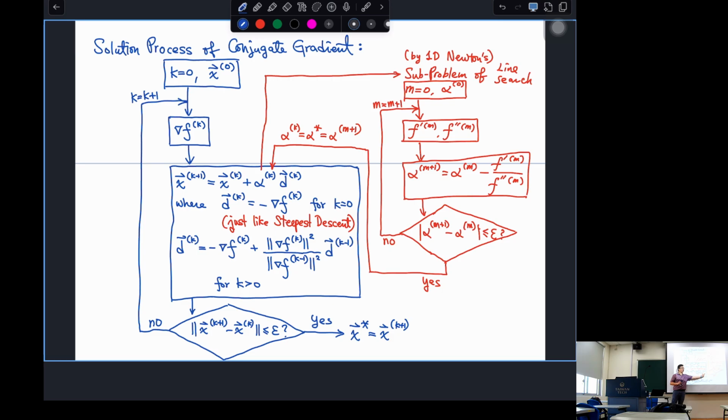Like I said, the short-term memory in the previous iteration with this unique pre-multiplier changes your moving direction from negative gradient to a new direction. If you do that, starting from the second iteration, you still perform the exact same line search, you are doing conjugate gradient.